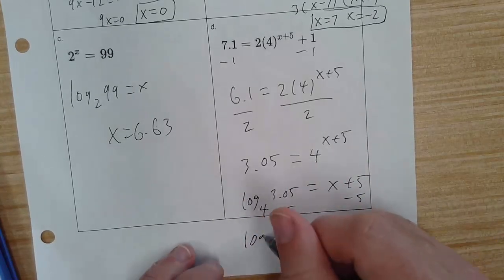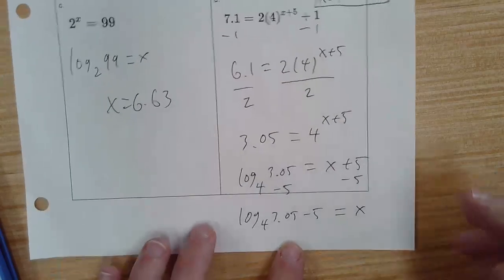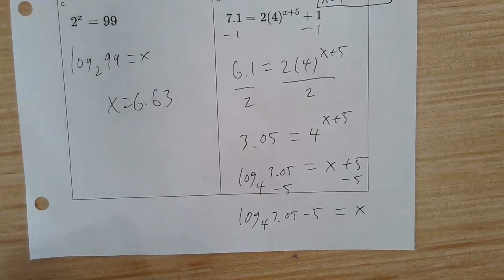So as an exact answer, it would be log base 4 of 3.05 minus 5 equals x. In the calculator, that would be 3.05 minus 5, it's like negative 4.2, I think. Negative 4.2.